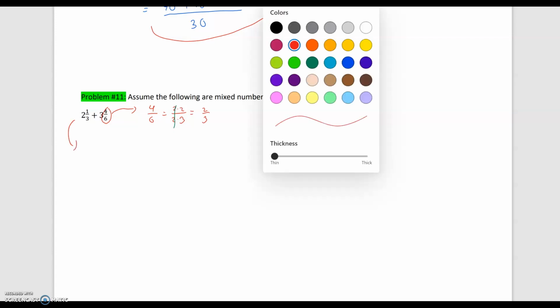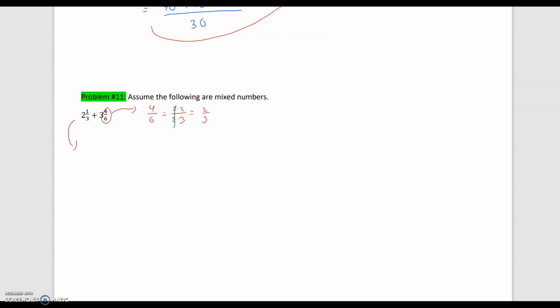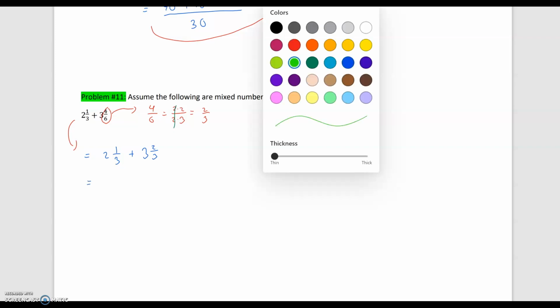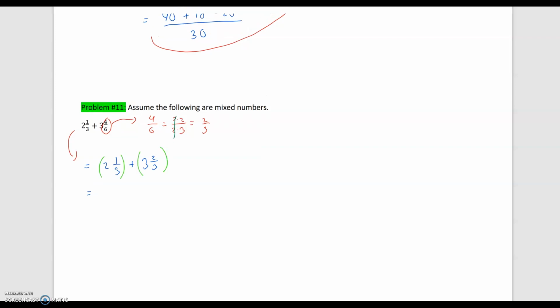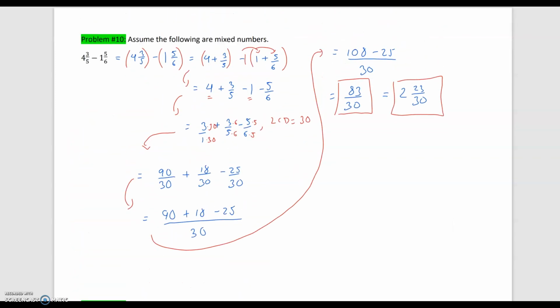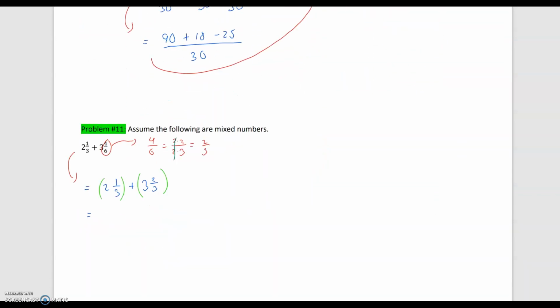So what I'm going to do is rewrite the problem as 2 1/3 plus 3 2/3. And then at this point, let me separate them. I'm also going to put the parentheses there. They're really not needed because of the sum. But if you go back to the previous problem, if we had not made this value negative, then the whole thing would have been unfortunately incorrect.